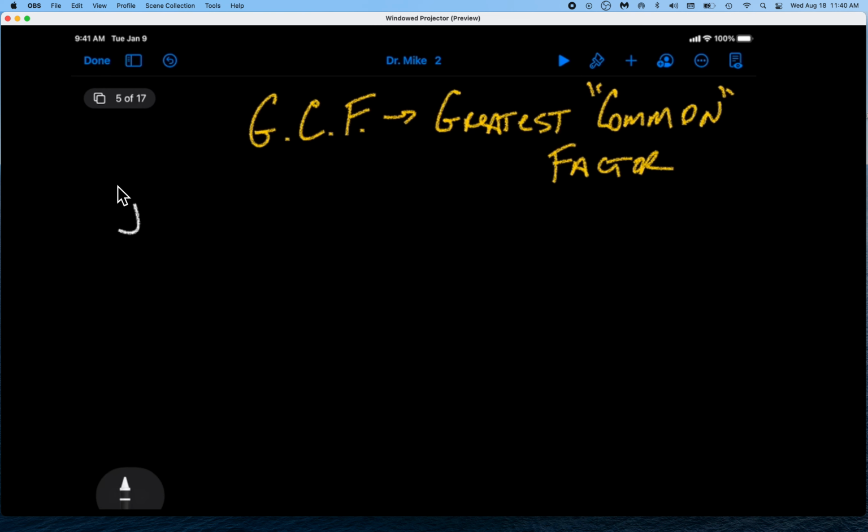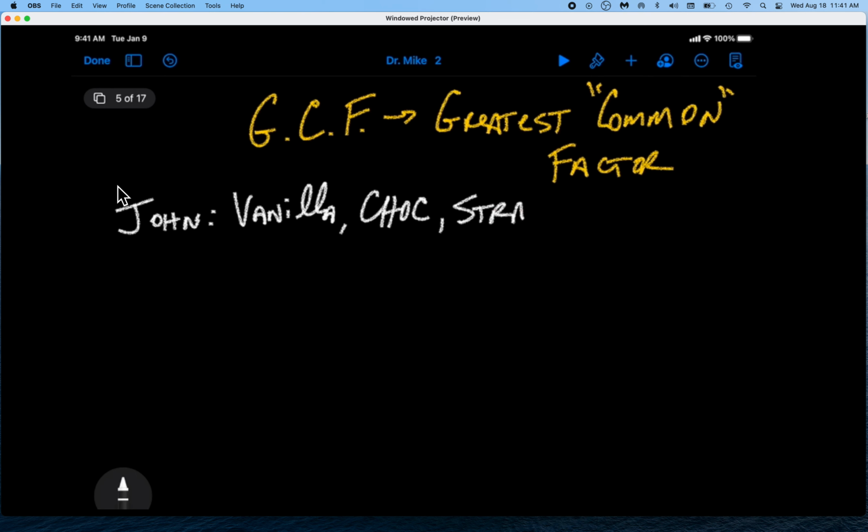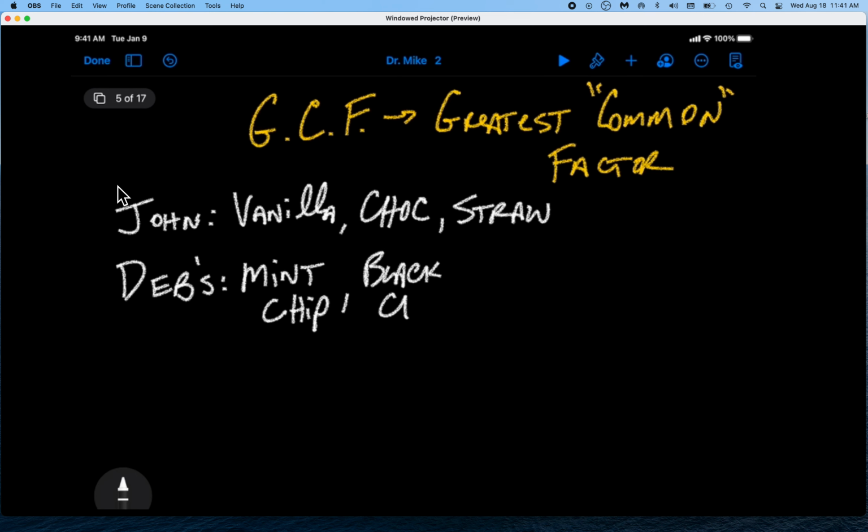If we have John's favorite ice cream flavors are vanilla, chocolate, and strawberry. And we have Debbie's favorite flavors, mint chip, black cherry, and vanilla.